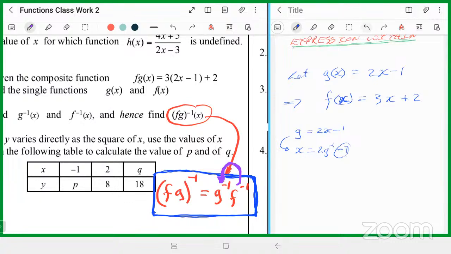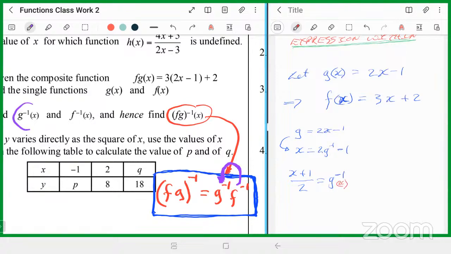All right, so final result, we're going to get x plus 1, but the sign is changed from a negative to a positive. And then this 2 is dividing under here, so there's no change of sign because we're dividing. Divided by 2. This now is the g to the minus 1. This is really g to the minus 1 of x. We don't have the of x on it. I'm going to put it on now in red.